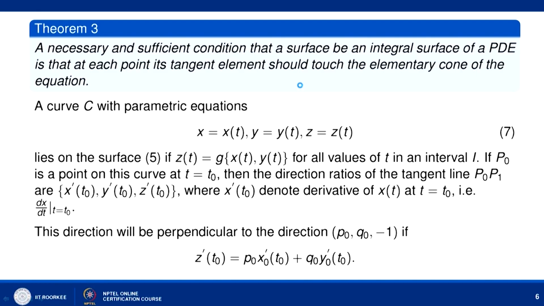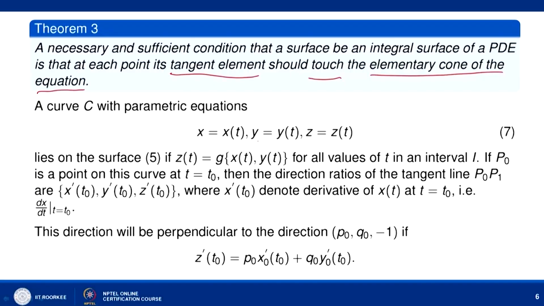So, that is what we summarize in Theorem 3. The necessary and sufficient condition that a surface be an integral surface of a PDE is that at each point its tangent element touches the elementary cone of the equation. So, it means that a given surface is an integral surface provided that at every point of the surface it touches the Monge's cone generated at that particular point P.